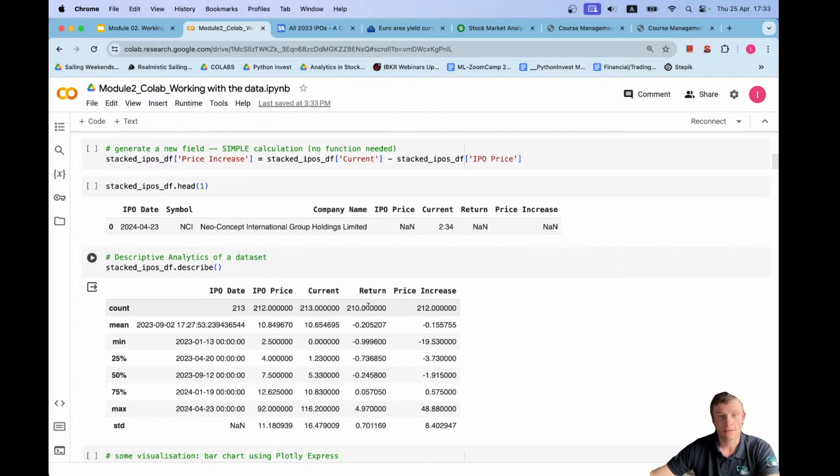So if we blindly invest into most or all of the IPOs, what is our expected return? You can see from here that the median investor will actually have negative returns, which is not a very good sign. But if you're in the top 25% quantile, you will get 5% of returns.